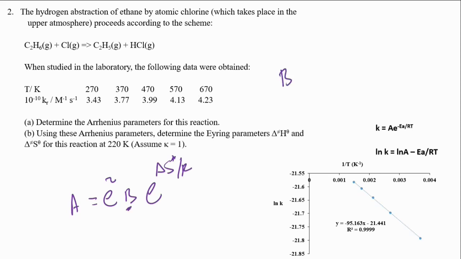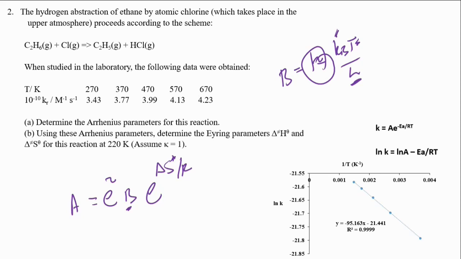B is equal to the transmission coefficient times kB T over h. h is Planck's constant. T is the temperature. kB is Boltzmann's constant. This funny looking kappa here is the transmission coefficient, okay, which speaks to the number of successful collisions, put simply, when the two molecules interact, right?